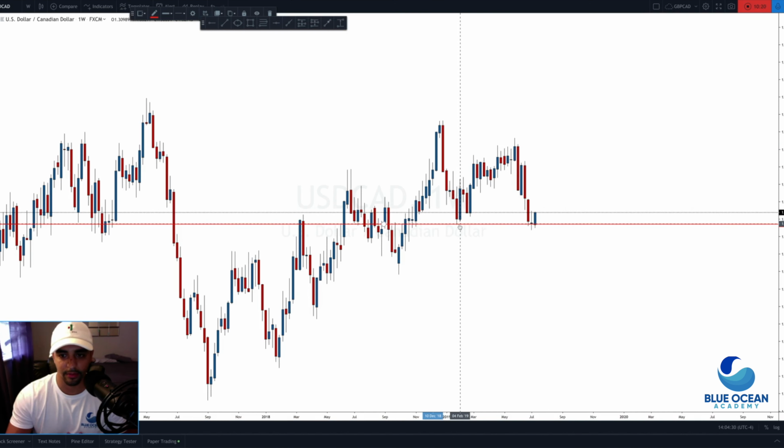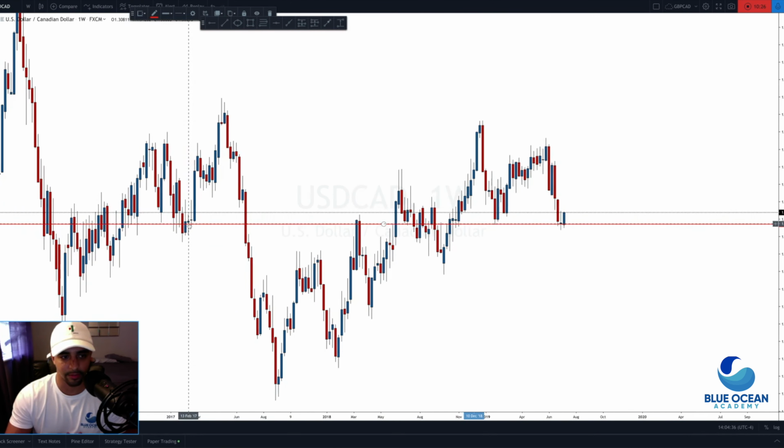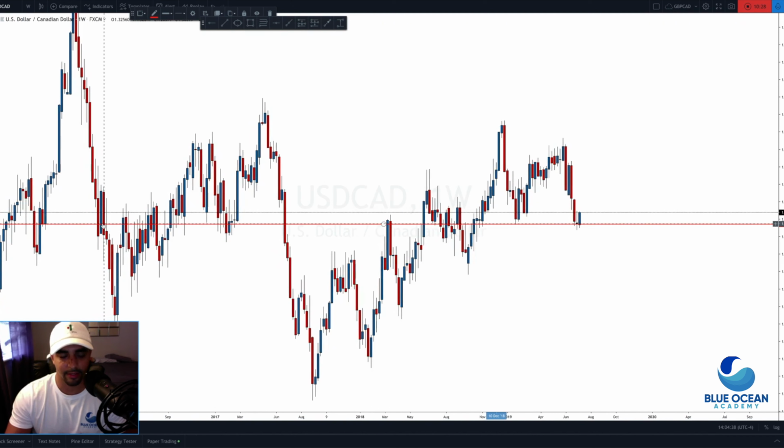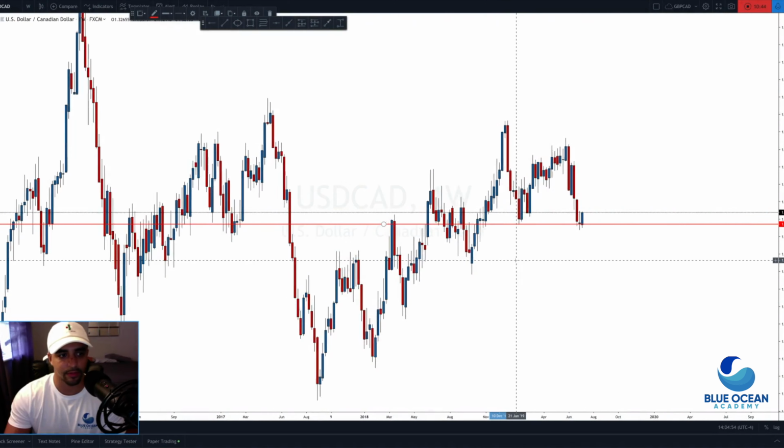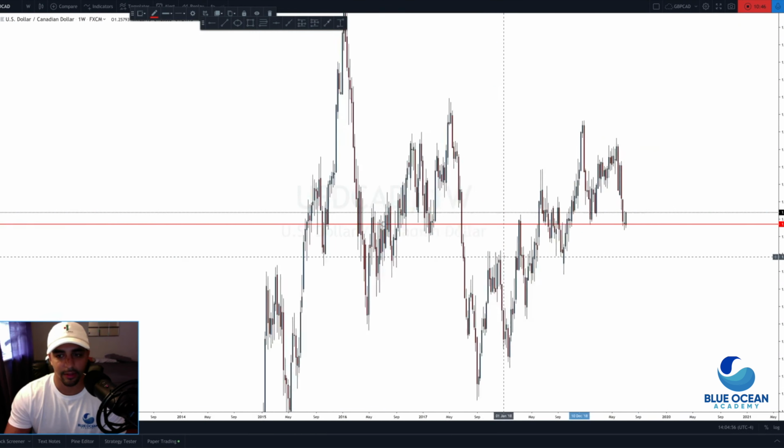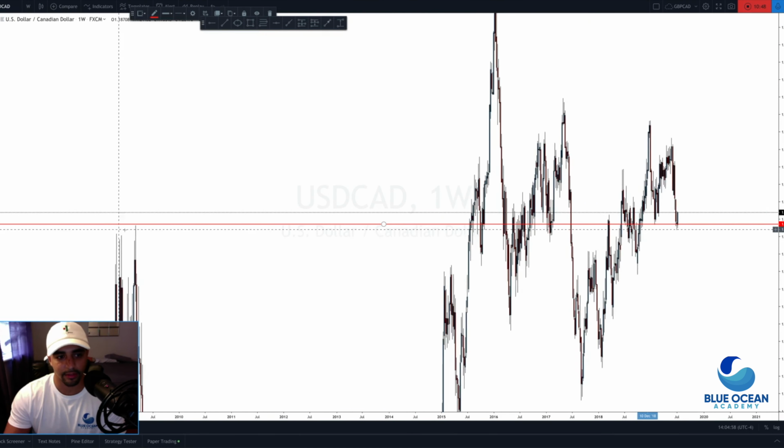You had support, support, and then the best key levels act as support and or resistance. So it's resistance, resistance, support, support, support. Right here is what you call an overlap, meaning it went up and then came back down. Resistance here, support, support. So this is a good level. If you look left, it acted as resistance.